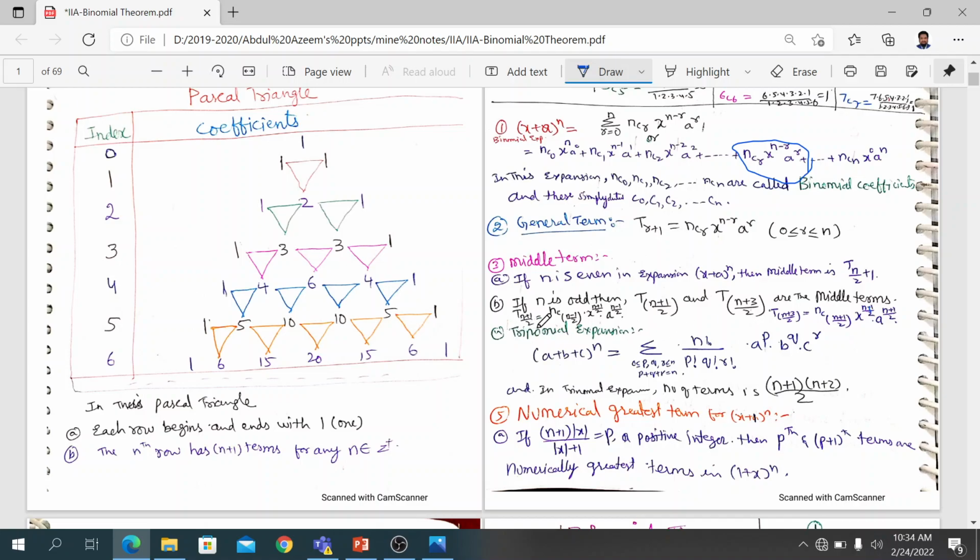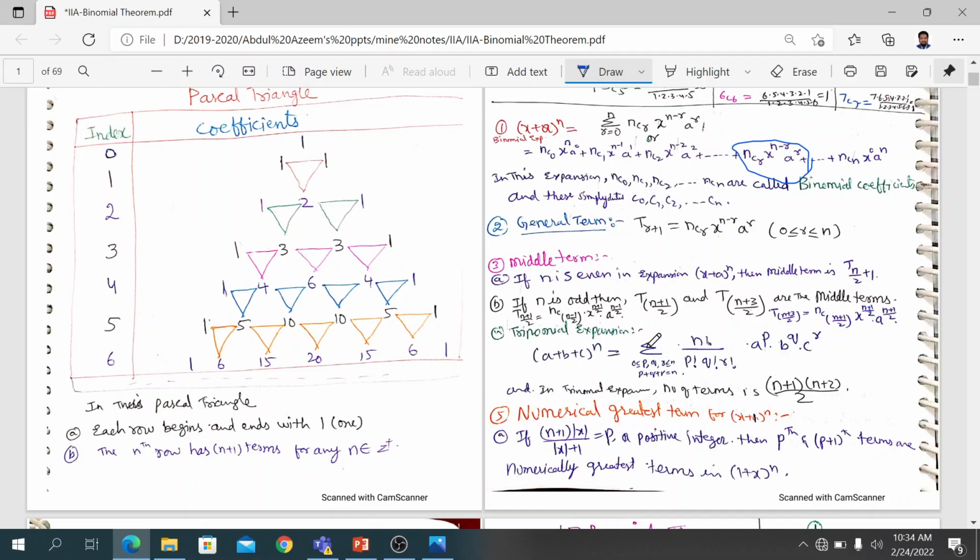Next, trinomial expansion. Here it is two terms, so this is known as binomial expansion. Trinomial expansion means three terms, a plus b plus c power of n, then sigma 0 less than or equal to p, q and r less than or equal to n, provided p plus q plus r is equal to n.